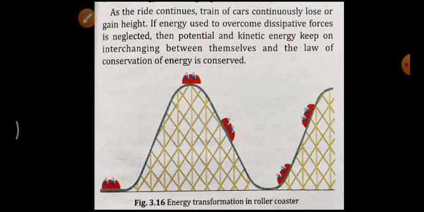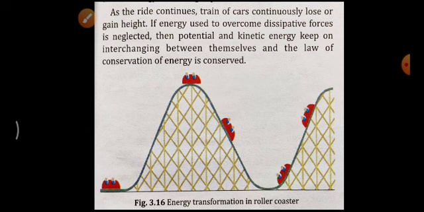So here we can see that potential energy and kinetic energy are interchanging with one another, and that motion is going on, and the law of conservation of energy is conserved also. Okay, from potential energy to kinetic energy, from kinetic energy to potential energy, like that it will be going on.